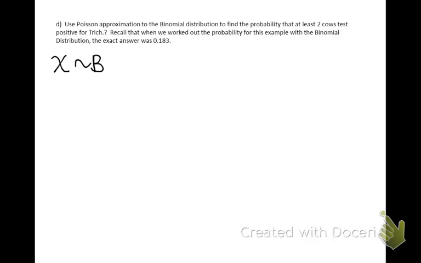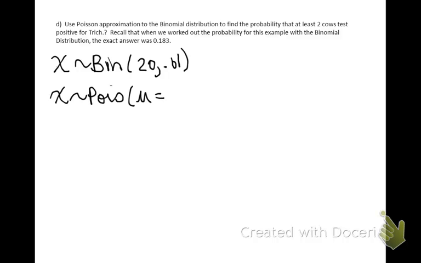Remember, x has a binomial distribution, n equals 20, p is 0.01, and we said that x also has a Poisson distribution with a mean mu equal to 20 times 0.01, n times p, and that came out to 0.2. We now want to find the probability that at least 2 cows test positive. So that's the probability of equaling 2 cows or having more than 2 cows.